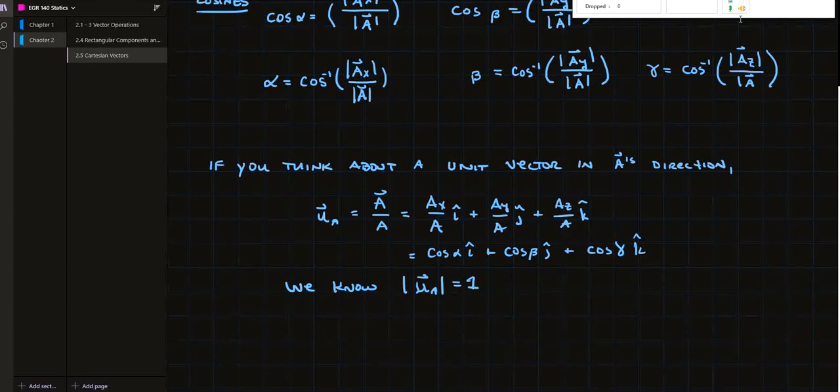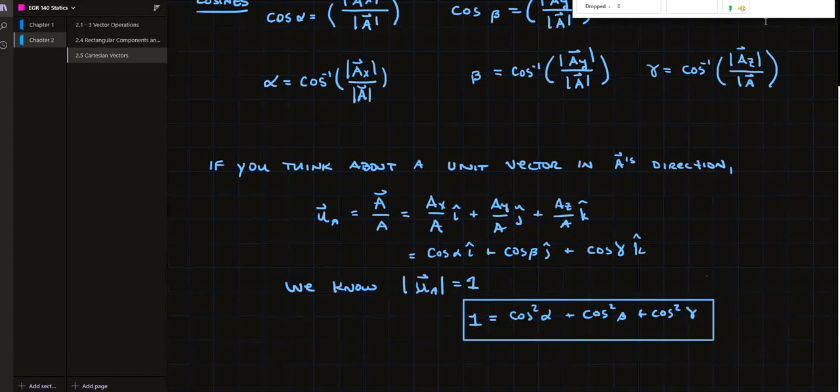Well, since that's the case, then 1 is equal to, so we'd square each of these components, cosine squared of alpha plus cosine squared of beta plus cosine squared of gamma. And that's a relationship we can use to help save us some time. If you know one of these, or if you know two of these, you can always calculate the third one.